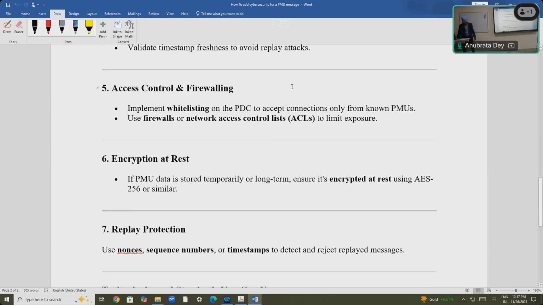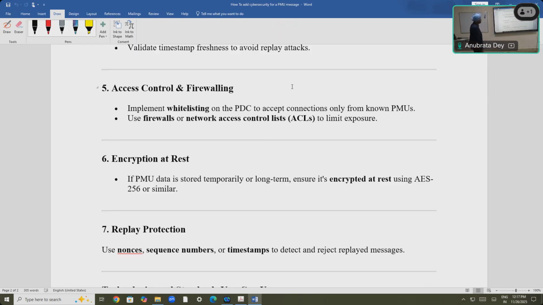And then obviously firewalling and access control. You can implement whitelisting to the PDC. We will talk more about that when we talk about the IEC 62443 standard.